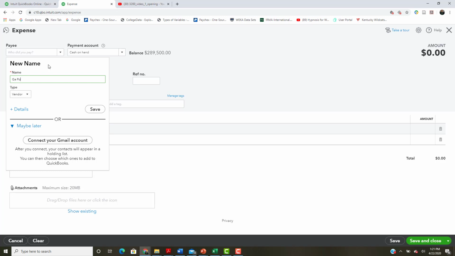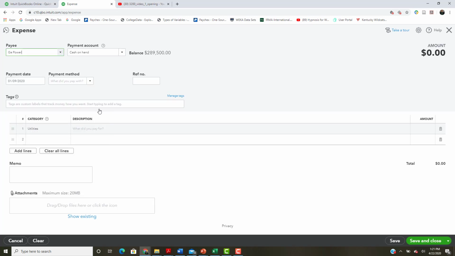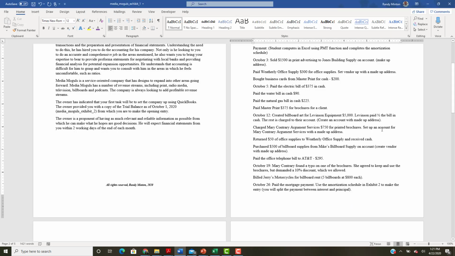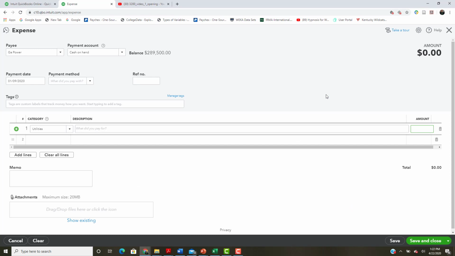Not so interested in that part, but they're a vendor. Okay, and save it. And so now you have Georgia Power coming out of cash on hand. And how much did we pay? Well, over in the amount side, we paid $90 on the water bill.